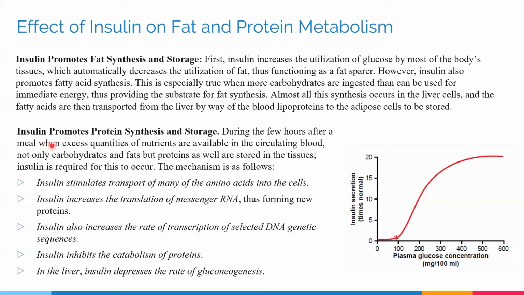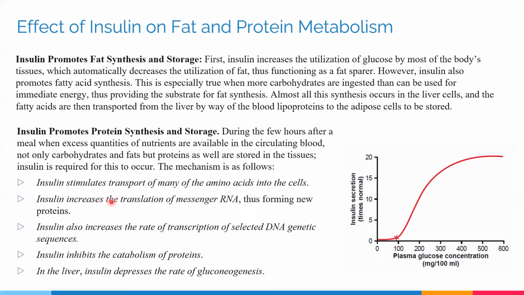Next, let us look into how insulin plays a role in protein synthesis and storage. During the first few hours after a meal, when excess quantities of nutrients are available in the circulating blood, not only carbohydrates and fats, but proteins are also stored in the tissues, and insulin is required for this to occur. The mechanism of this is as follows.